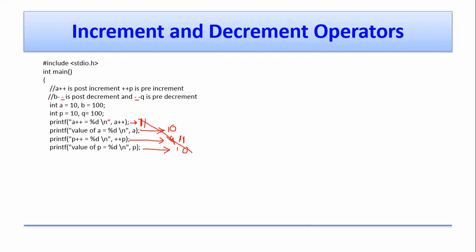In here, A increment is called post increment. Post increment means after the variable. In here they print this message, and then they print the value of A. What is the value of A right now? 10. Then they print 10.